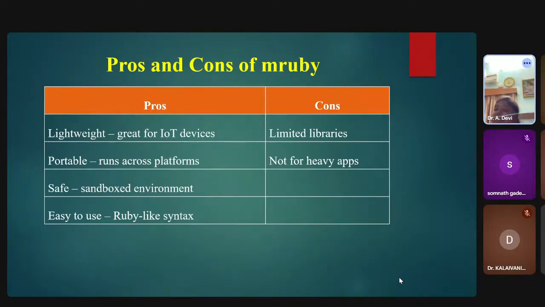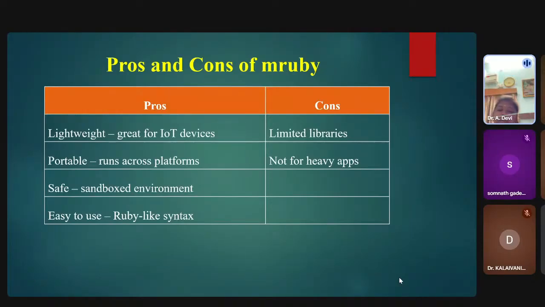First advantage is that it is lightweight, because mruby is designed to run even on devices with very limited memory, and it is portable, so you can run the same code across different embedded systems, desktop computers, or even inside another application. And also it is very safe because it is like a sandboxed environment which prevents unsafe operations, which is much more important in embedded systems. And also it is very easy to use because anyone familiar with Ruby can pick it up very quickly.